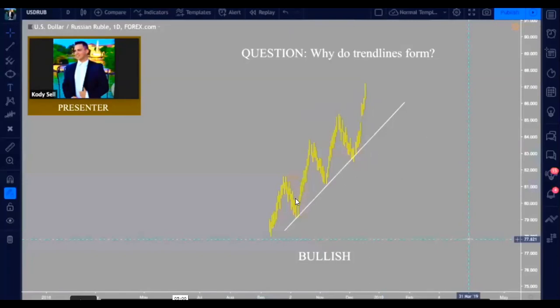So with this being a bullish trend and price going up, if we drew this trend line on top of it, we would never know when price went down, right? Yes. And that's the whole purpose of the trend line. We want to know when price decides to go down.